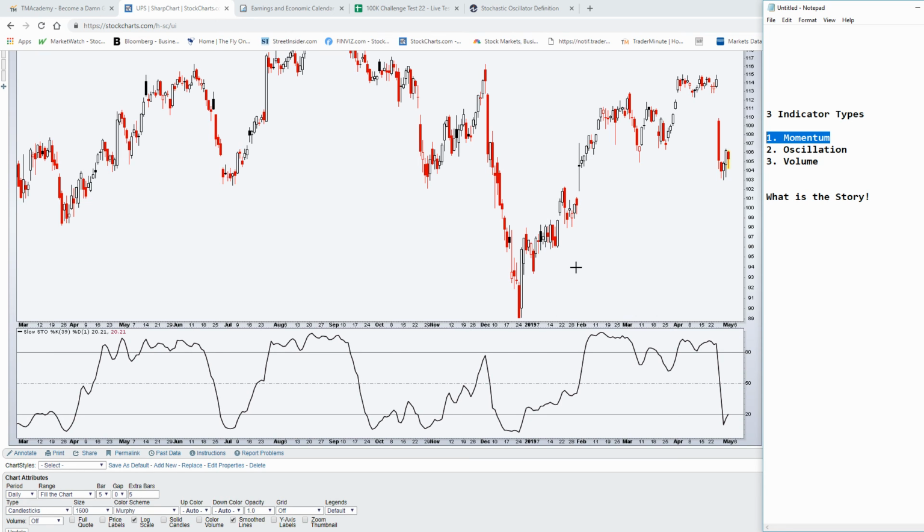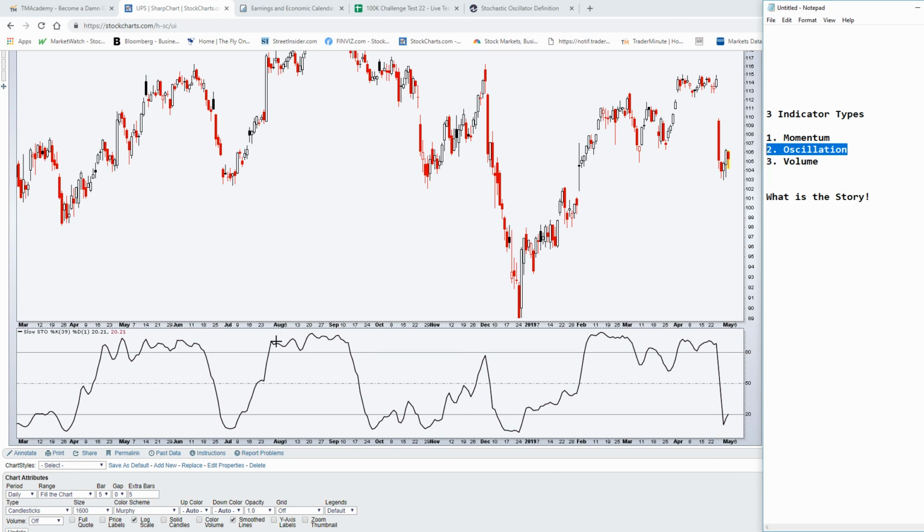Some people call this an oscillator. They use it for oscillation, highs and lows, ups and downs. And if you're day trading, if you're really short-term trading, yeah, there's a way to use it. I don't really like it. I think there are better indicators. But this is not an oscillator. This is not a good oscillator. Even though many use it as such, it wasn't developed by George Lane to be an oscillator, and it doesn't work very well as an oscillator.